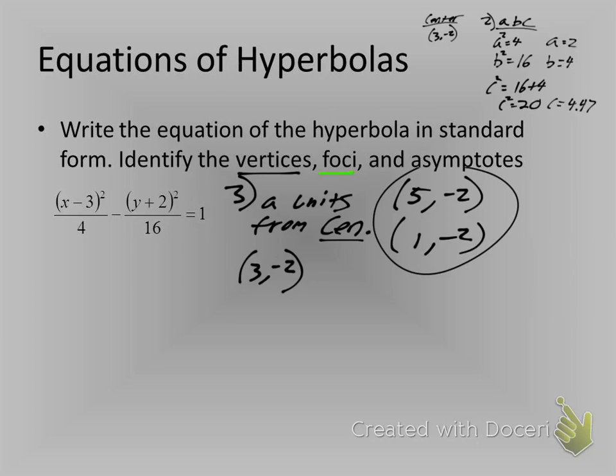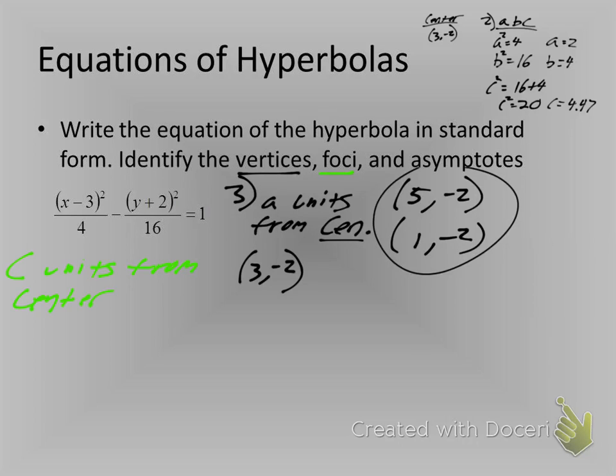Next up, your foci. Foci are C units from center. You're also moving left and right, so once again, Y stays the same. You change your X. How much do you change your X by? 4 point.